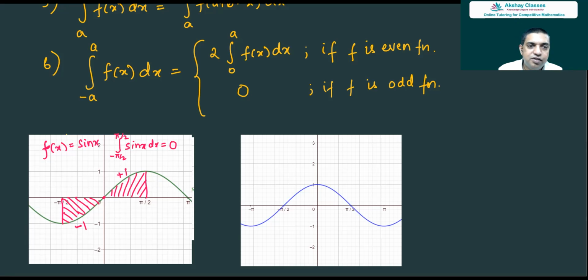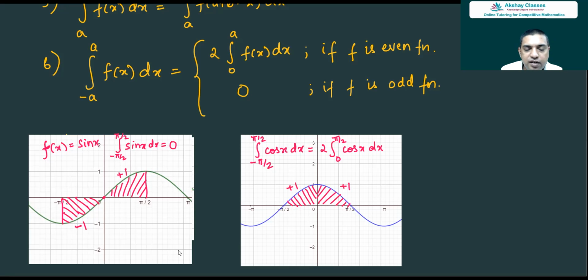Whereas for an even function, like cos, integral minus pi by 2 to pi by 2 cos x dx, because it is even, from minus a to a, it will be 2 times integral 0 to pi by 2 cos x dx. Why? Because this area is positive 1 and this area is positive 1.